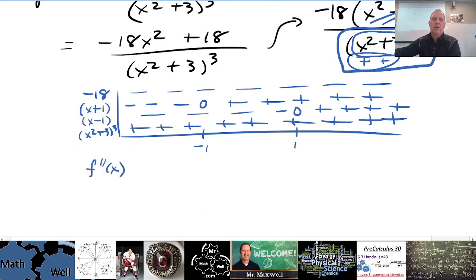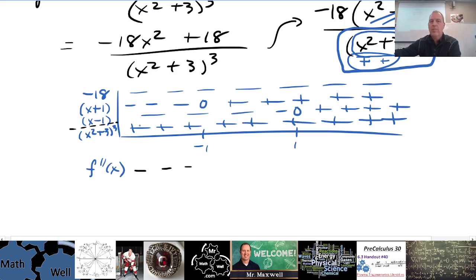So this is for our double prime. So negative and negative is positive, times negative, this is negative. Now, let's be careful with this. This is on the bottom, right, it's divided by. So if this was a 0 on the bottom, that would be undefined, divided by 0.